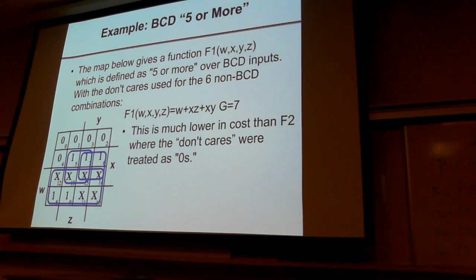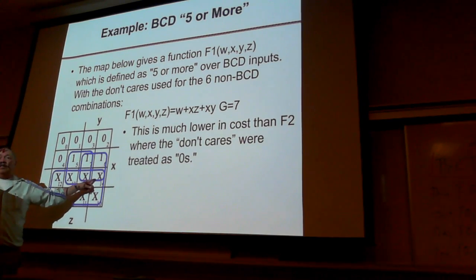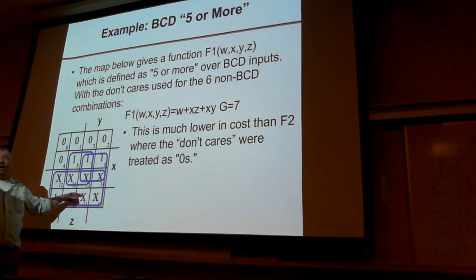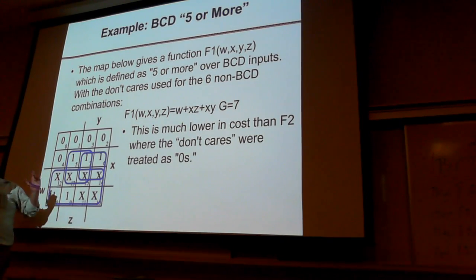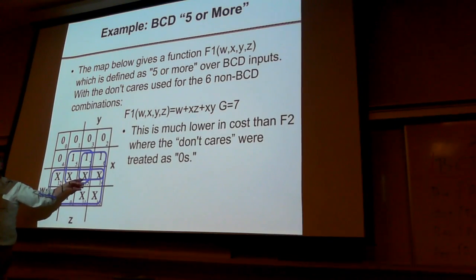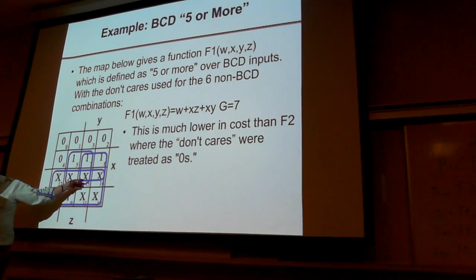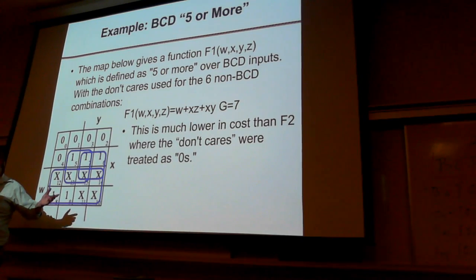The problem is with hardware implementations, as we're looking at these optimized solutions, I can create some optimized solutions where it might set or clear some of these values in the hardware. And what we're saying is we don't care. If it's generating a BCD value, and I can use a NOR here instead of a 3-input AND, that's what I want to do. It's cheaper. And if it sets this bit, don't care. I don't use it.